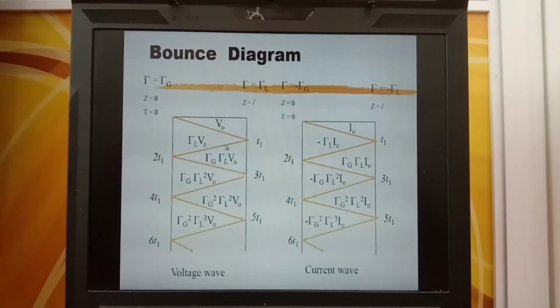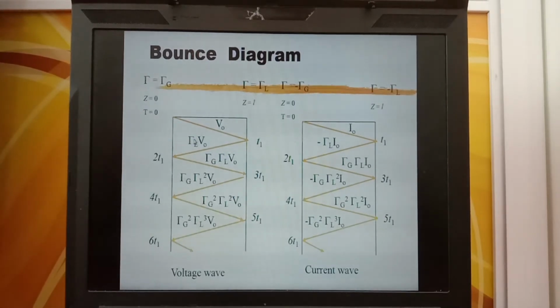The reflected voltage is given by rho L times V naught. But at the load end, the total voltage is V0 plus rho L V0, that is the incident wave plus the reflected wave.